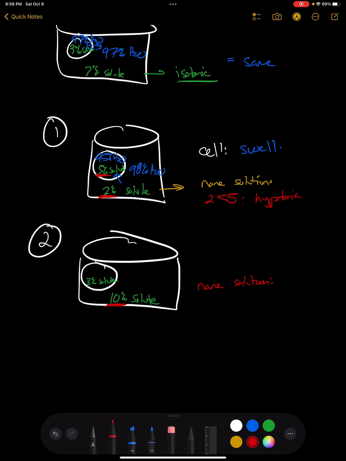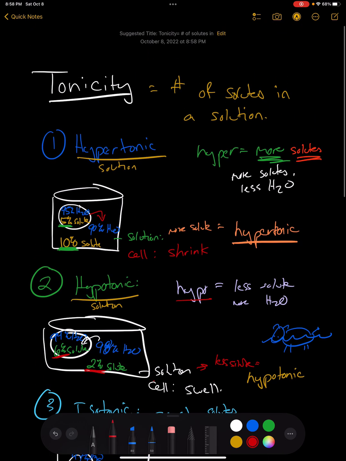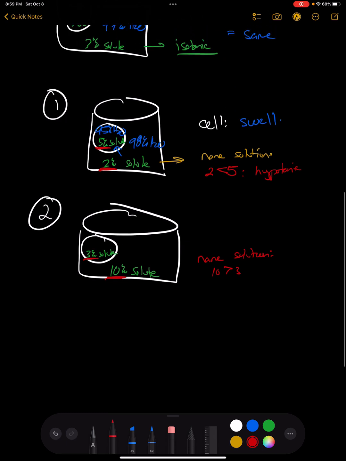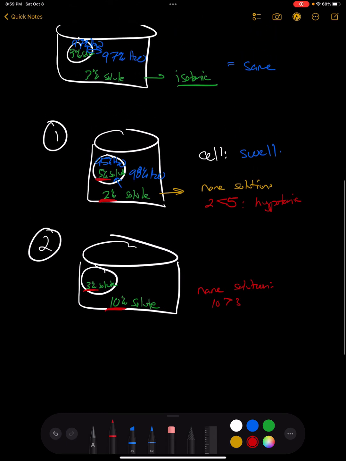I have 10 versus 3, okay? 10 is bigger than 3, so which word up here meant more? That's right, it's hyper. Hyper meant more. So this solution right here is a hypertonic solution because it has more stuff.